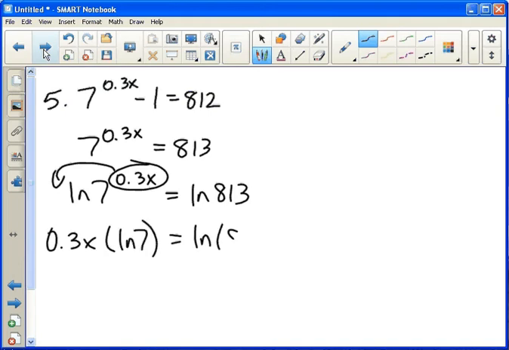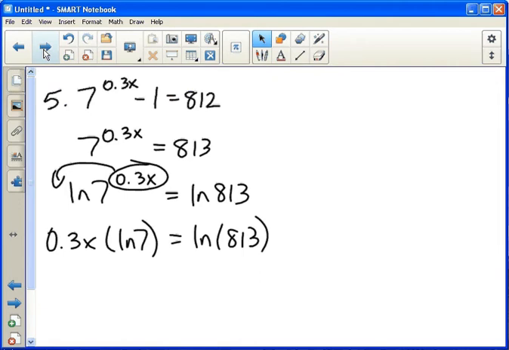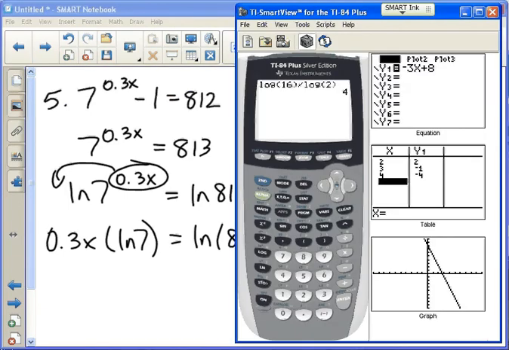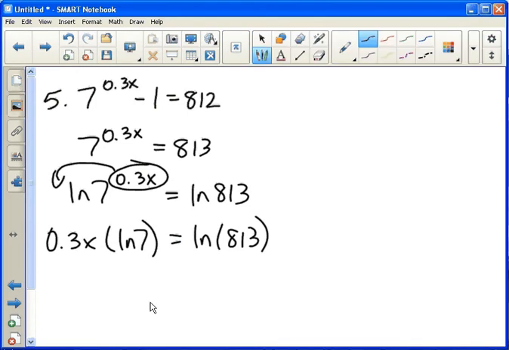So divide both sides by the natural log of 7 and by 0.3. So natural log of 813 divided by natural log of 7 divided by 0.3 to get our answer of 11.478 or 11.48.